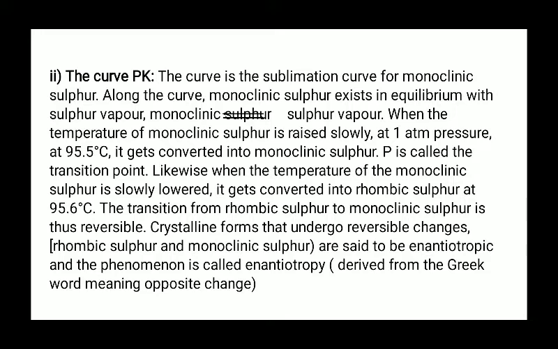Likewise, when the temperature of monoclinic sulfur is slowly lowered, it gets converted into rhombic sulfur at 95.5 degrees C. The transition from rhombic sulfur to monoclinic sulfur is thus reversible. Crystalline forms that undergo reversible changes, rhombic sulfur and monoclinic sulfur, are said to be enantiotropic, and the phenomenon is called enantiotropy. It is derived from the Greek word meaning opposite change.